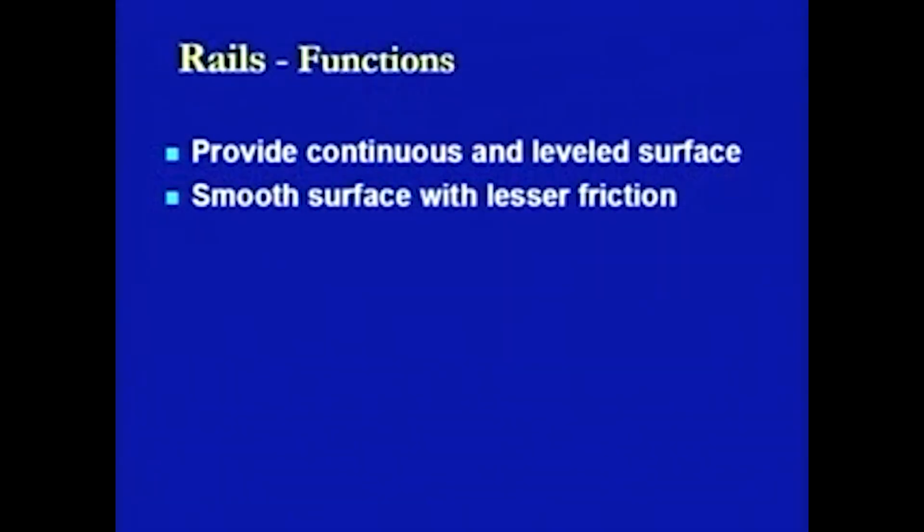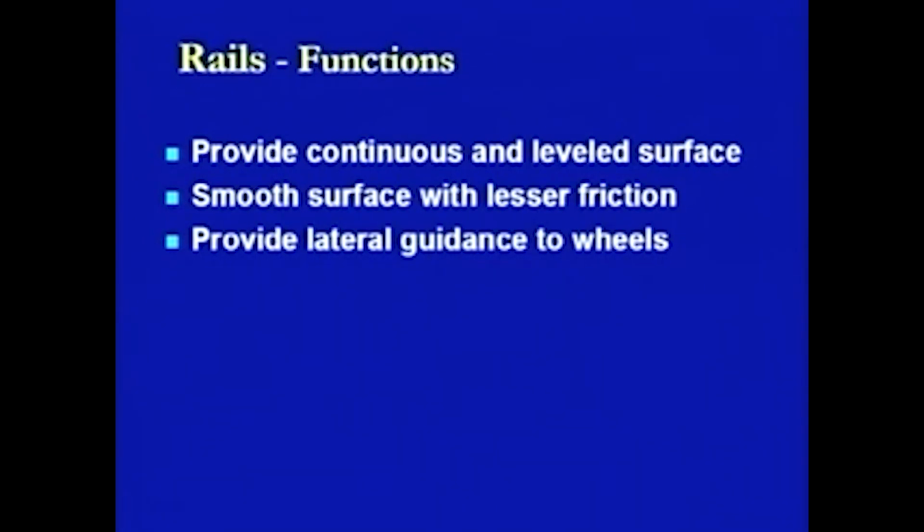If this is not continuous and if it is not leveled, then obviously it is going to create some disastrous or hazardous conditions, as we have seen in the case of the stresses or the moments which can be induced in any of the components of the tracks in the previous lectures. Another thing is that it is required to have a smooth surface so that the friction is as low as possible.